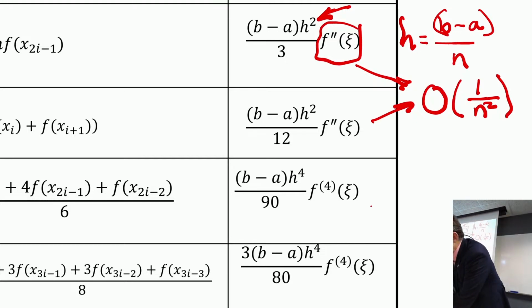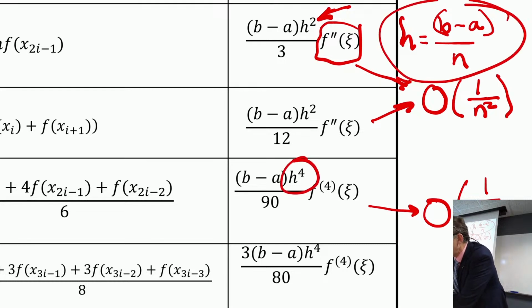So these two down here, but in particular Simpson's rule, is on the order of 1 over n to the 4th because of that h to the 4th, and it's because h is b minus a over n. So this is much faster.